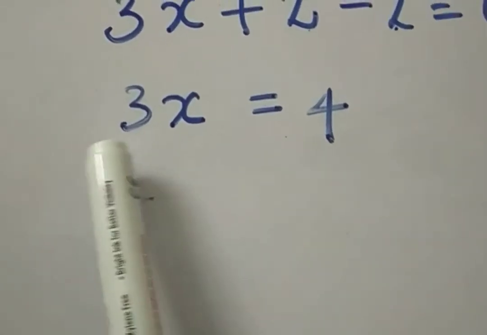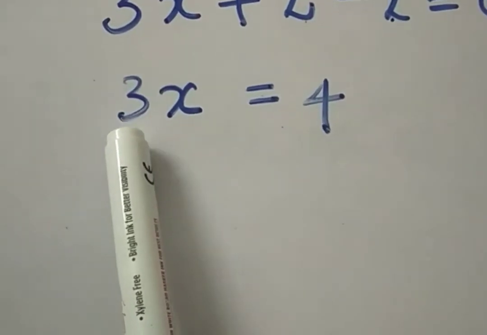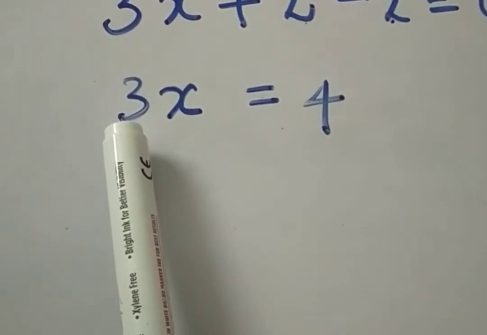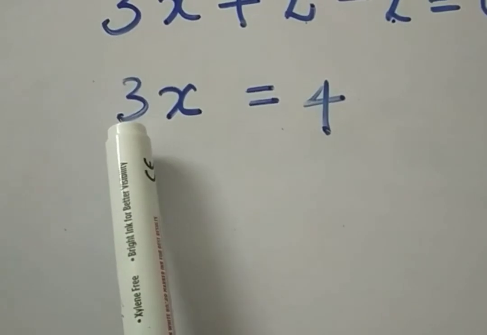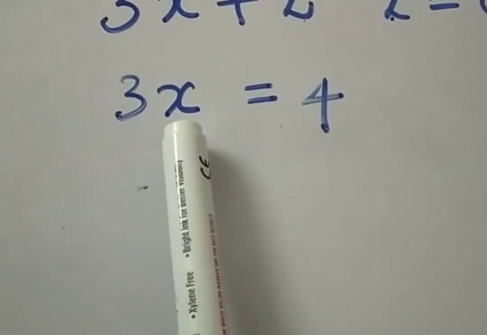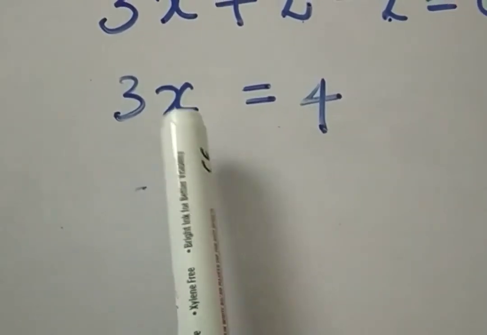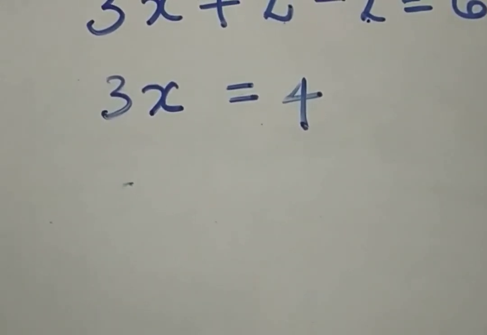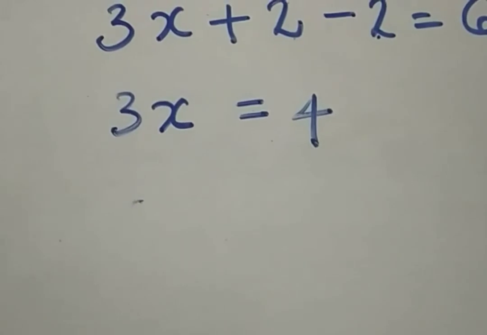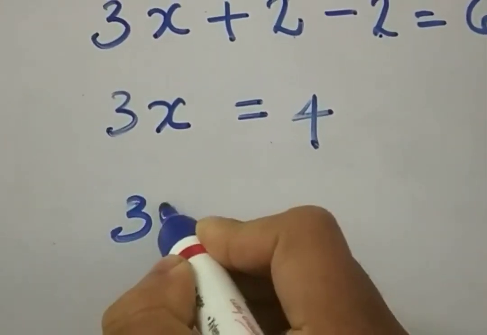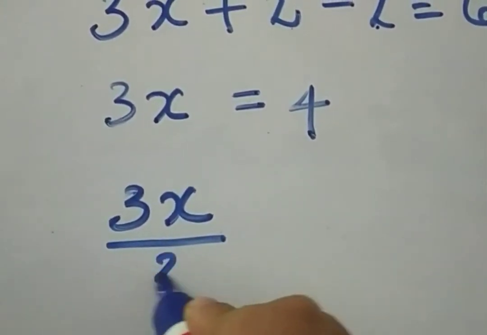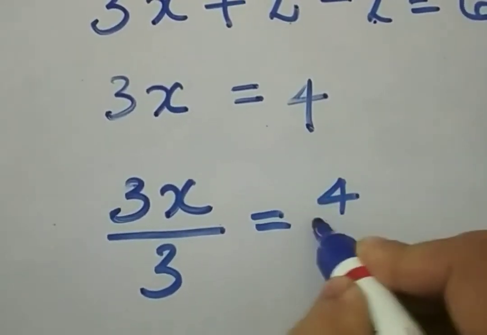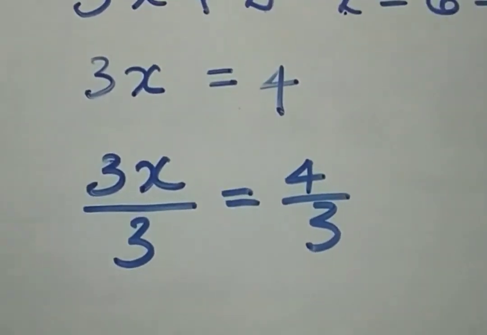Now there is one more number that is left to be eliminated here in the left hand side, that is 3, and 3 is being multiplied with the variable x. Then how can we remove this 3 from the left hand side? Now I am going to divide both sides of this equation by the number 3. Let's see what will happen.